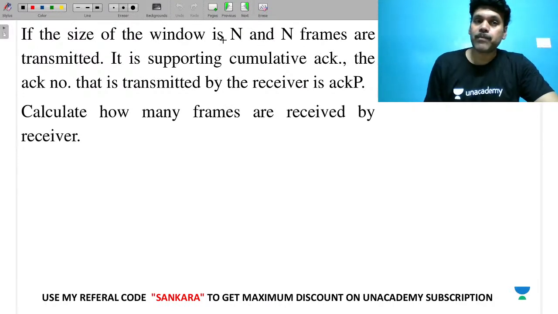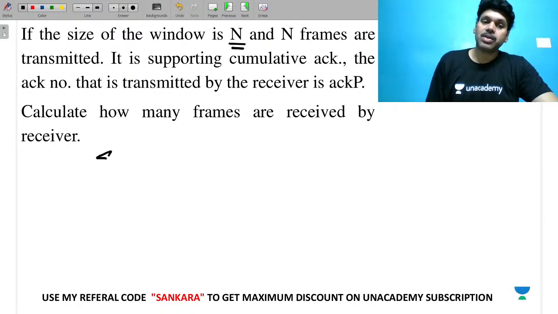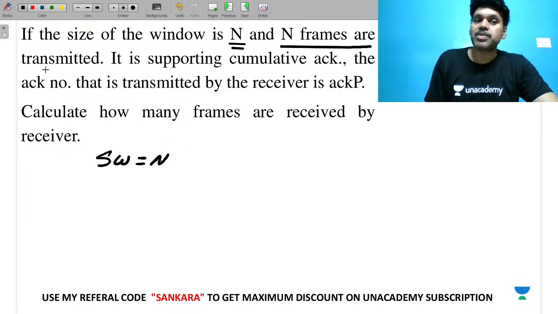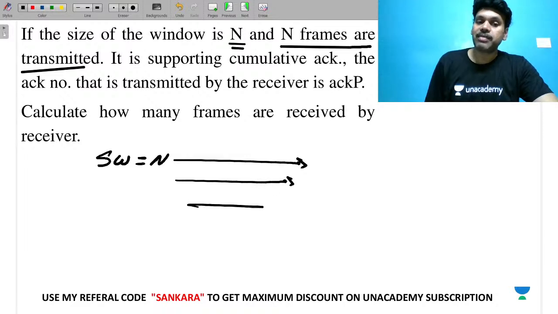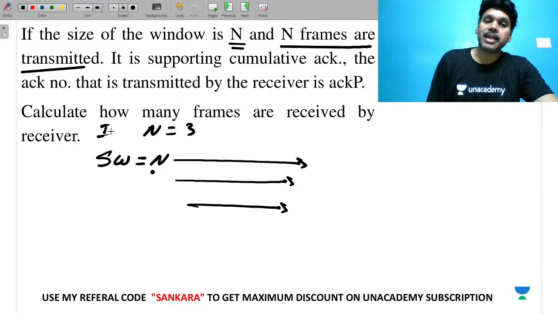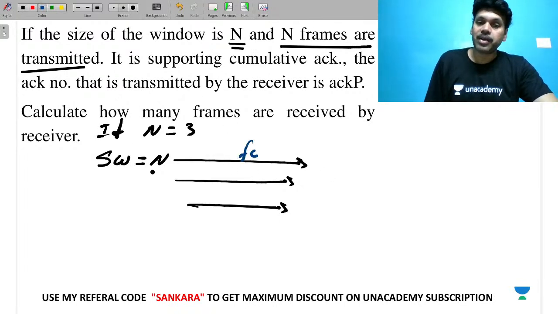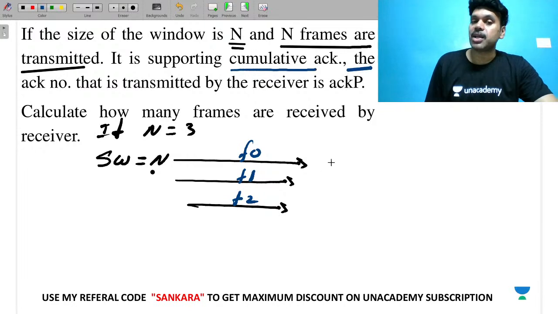Now let us see. Sender window size is n, and n frames are transmitted. For example, let us say if n is equal to 3, then 3 frames are transmitted, which are numbered frame 0, frame 1 and frame 2. And it is supporting cumulative acknowledgement.